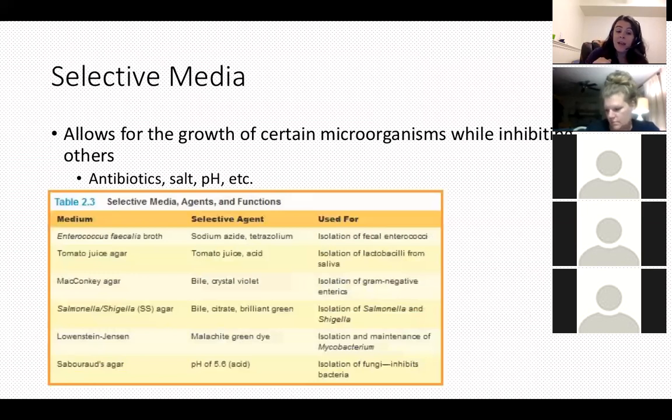This table is from your book and it has different types of media and an agent that they've added to make it selective, and kind of what you'd use it for.